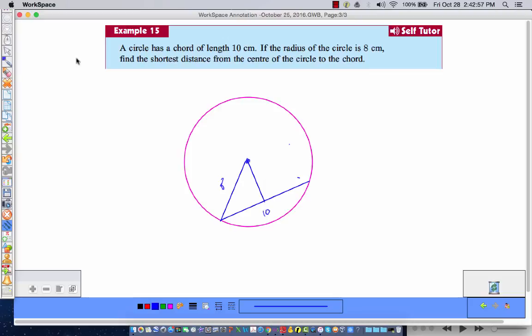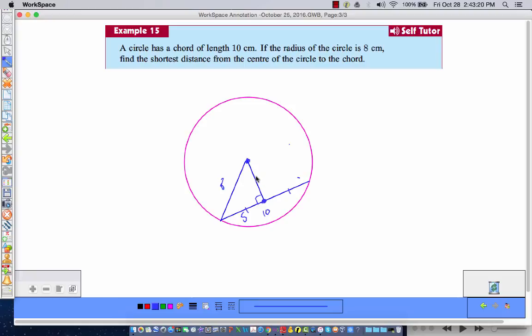It cuts these segments in half. So from here, this is equal to this, so that means this is equal to 5, and this is a right angle. And this is the shortest distance from the center of the circle to the chord, because it's straight up and down. The shortest distance wouldn't be over here, from here to over here, or from here to here. It's straight up and down.